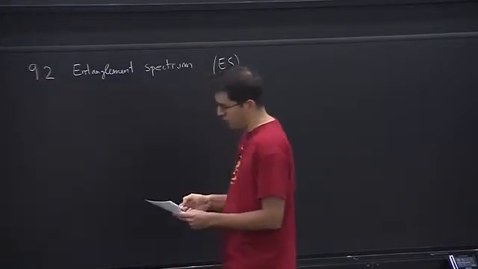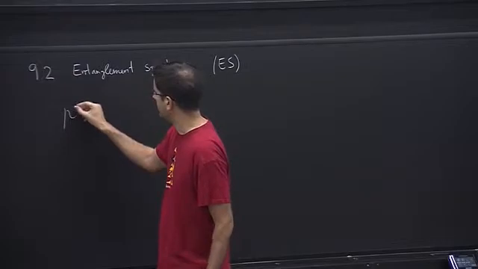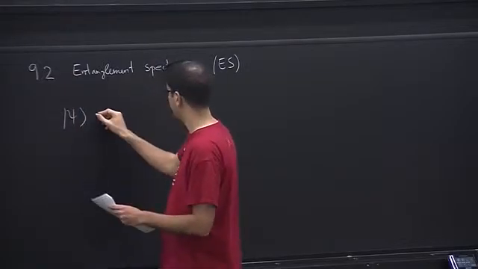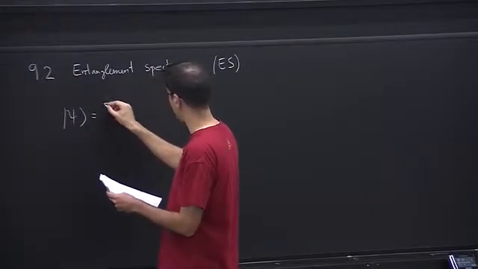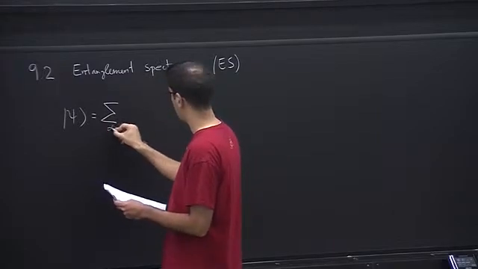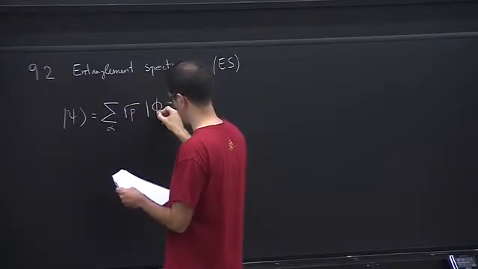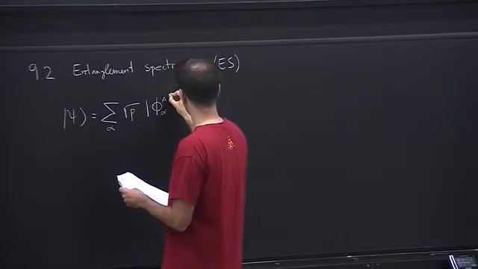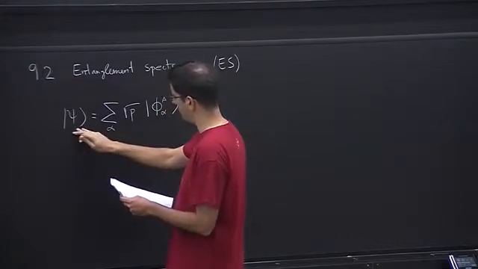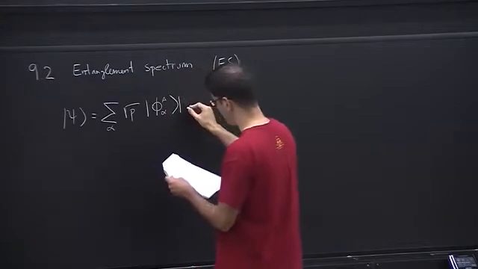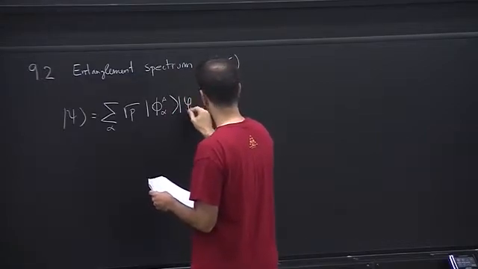And so remember that when we studied at the beginning of the week, we reviewed basic background on entanglement. We defined this Schmidt decomposition. So you have a system of two parts A and B, and you can decompose it in a canonical way.